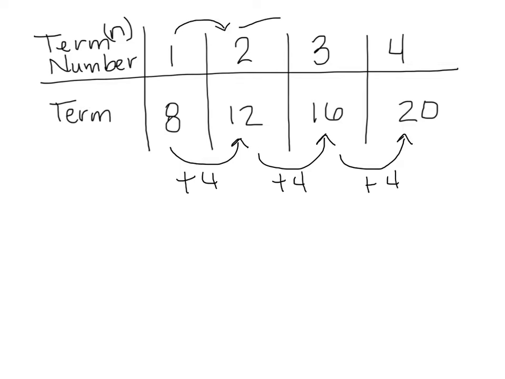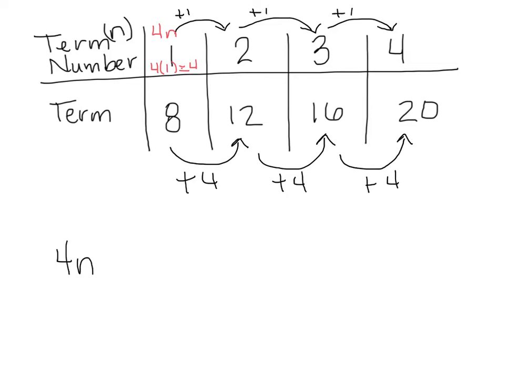My term number, again, I'm increasing by 1. Now this implies that my expression should be 4n. However, if I try that, 4n, 4 times 1, that equals 4.